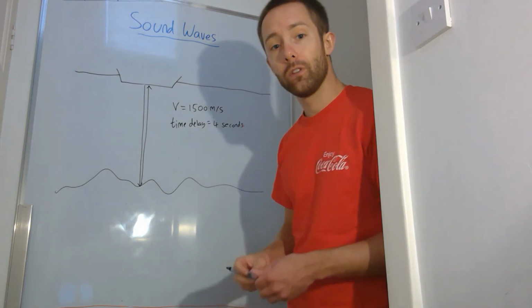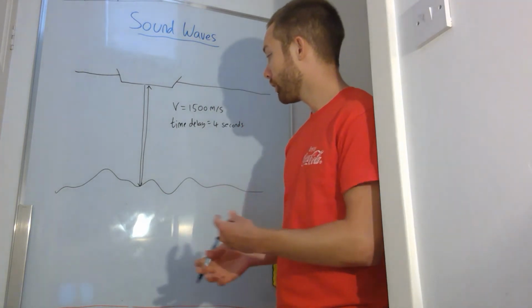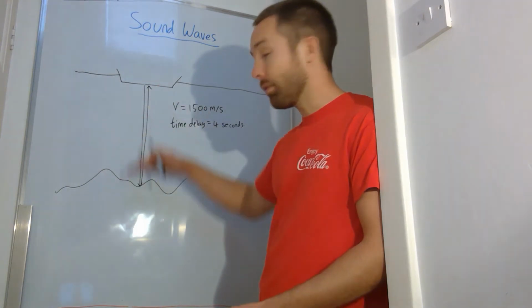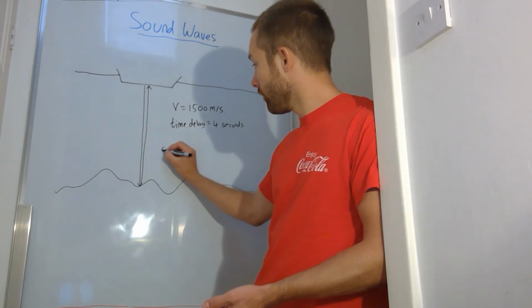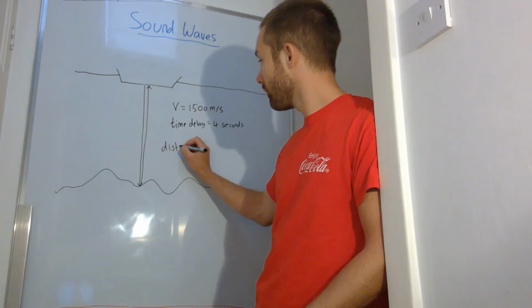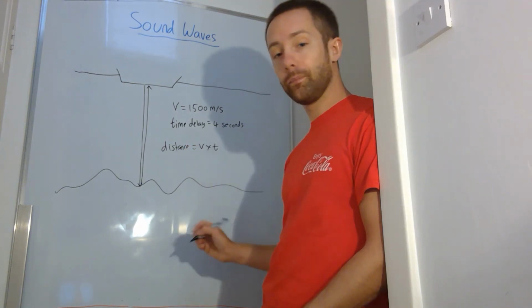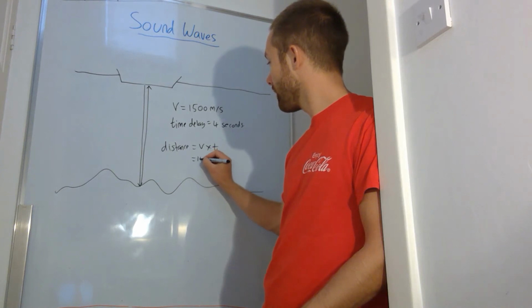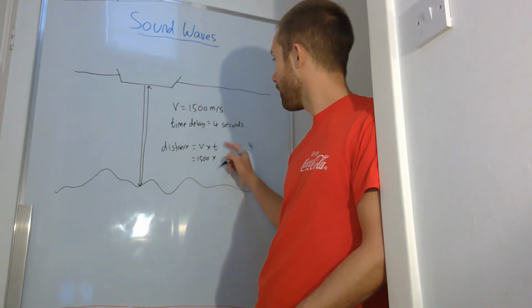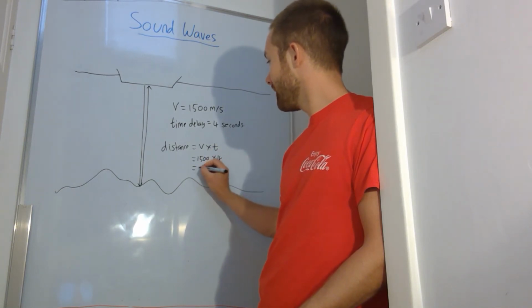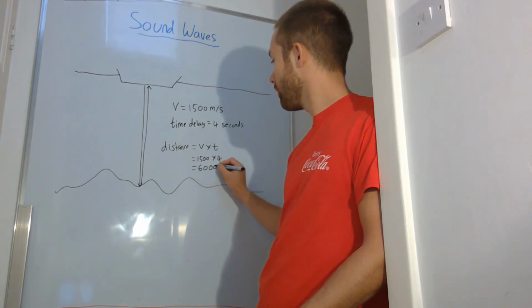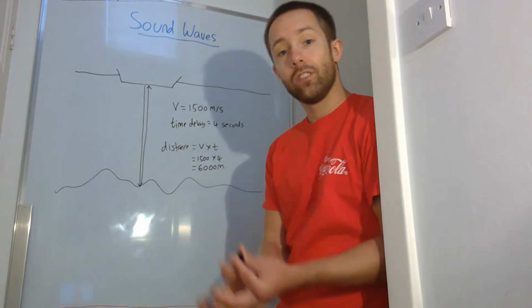Okay, so there should be some nice easy maths here. What we're going to do is work out the depth of the ocean. So the distance that has travelled is going to be the speed times the time, which is 1,500 times 4, which is 6,000 meters. But this is not our final answer.